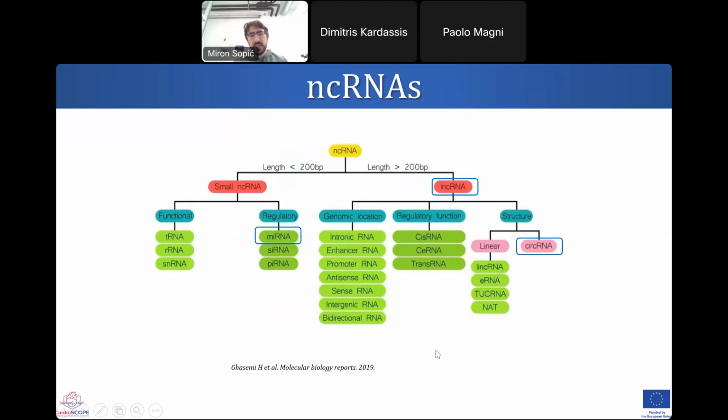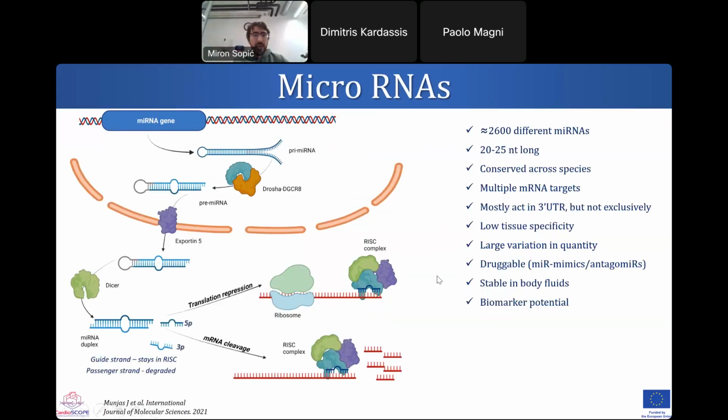So within this lecture, because it's very limited on time, I will focus my discussion on the three types of RNAs that are mostly studied, particularly in the cardiovascular disease field: microRNAs, long non-coding RNAs, and circular RNAs. So microRNAs, let's start with those that are best known and maybe the most famous one.